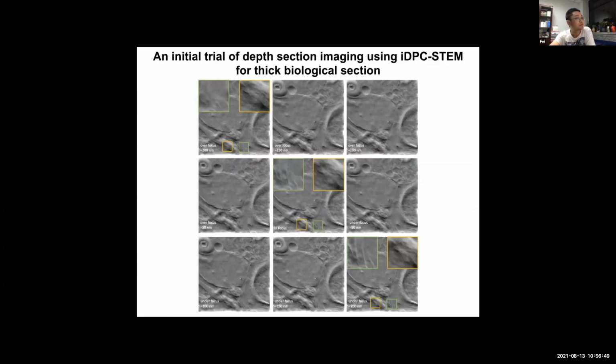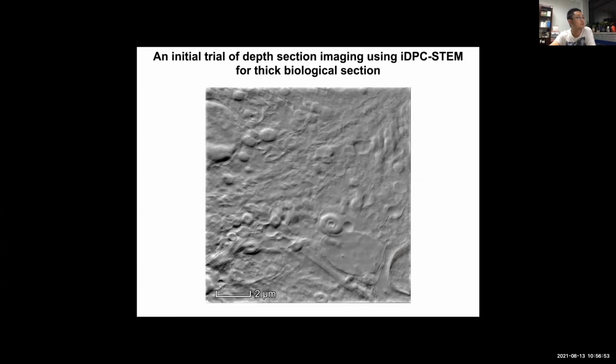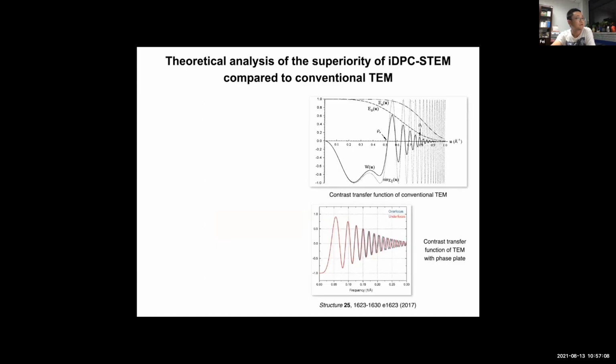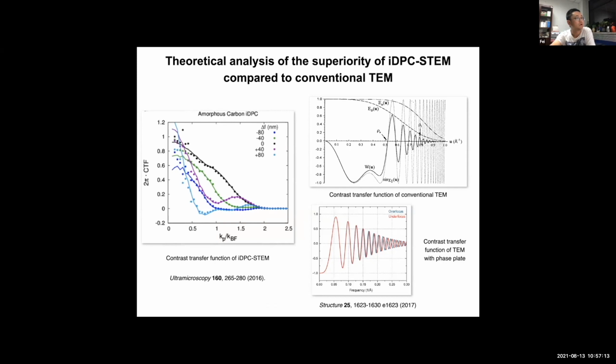And so this is a depth section. It's just a live image, a movie, to show we can scan the section from the top surface to the bottom surface to try to get the 3D structure of the biological section. And here is just some example.